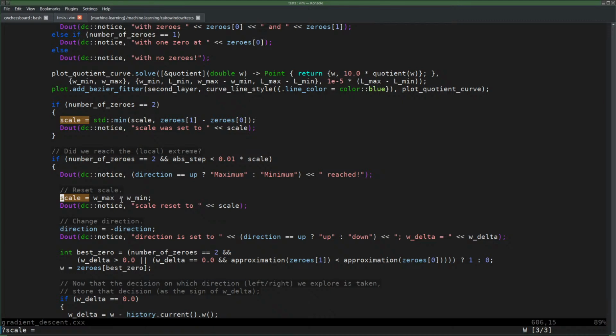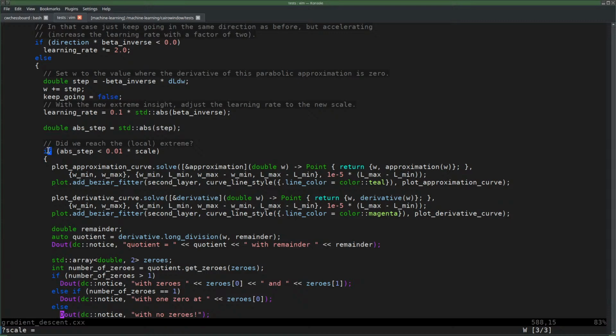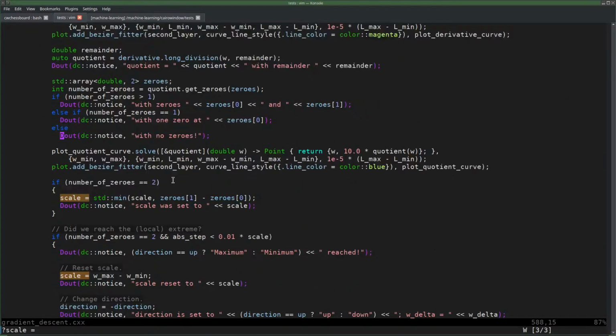It's kind of nonsense even. If the number of zeros is 2 here, then I set the scale. And then I use the scale again, and because I just changed it, we fail. I mean, the same test is done here. So the step was 1% of the scale. Then I set the scale to something smaller.